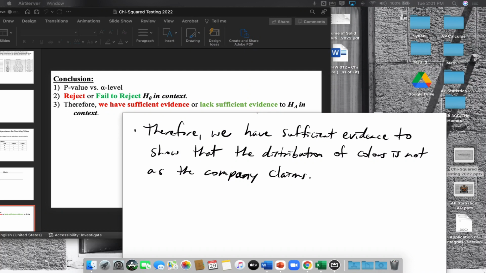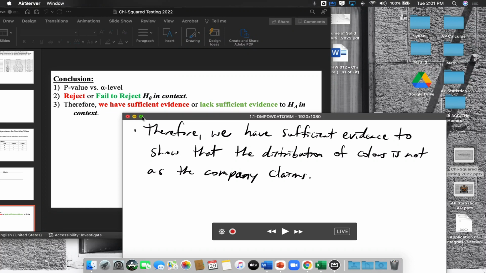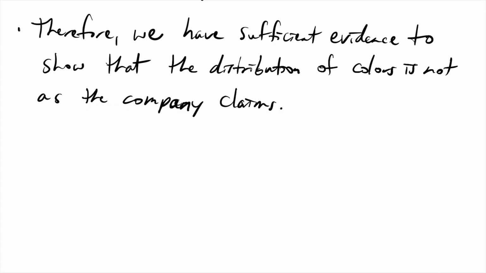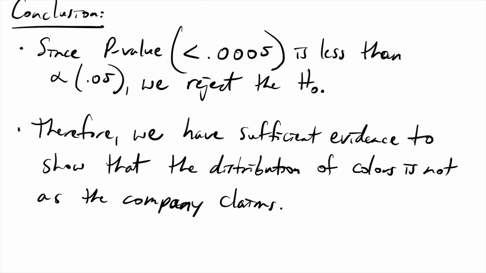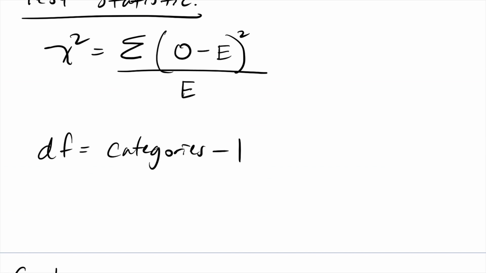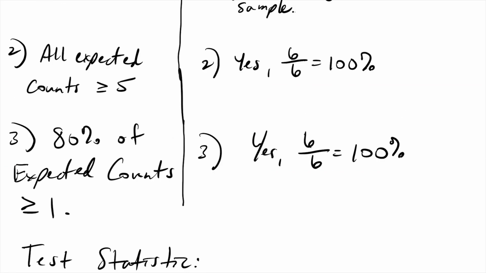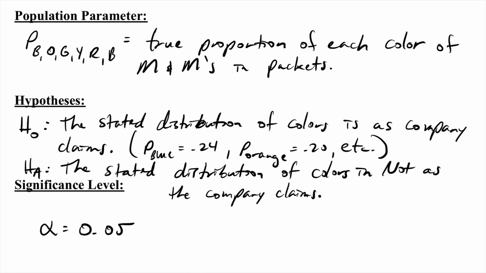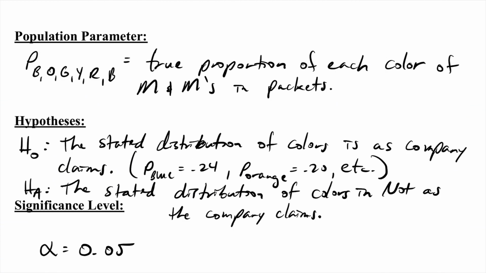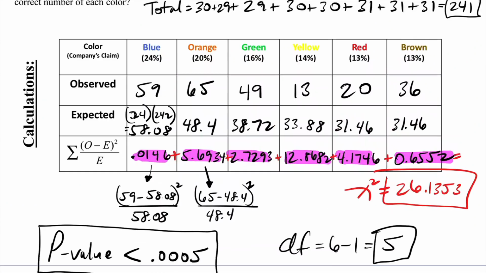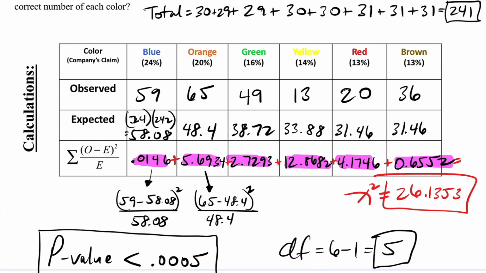Okay, done. All right, so we have conclusion, test statistics, conditions, significance level, hypothesis, population. Yep, we got everything.